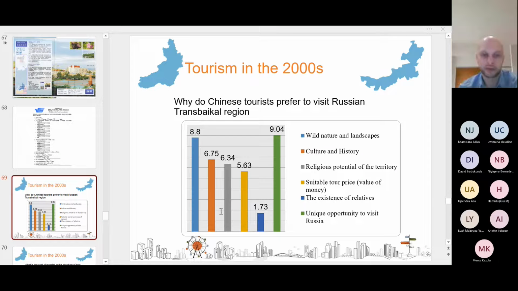Why is it so? Because in China it is quite problematic to obtain a passport to go abroad. And for Chinese tourists who would like to go abroad, they need to obtain the passport, and the government in Harbin decided to issue a special single foreign passport.